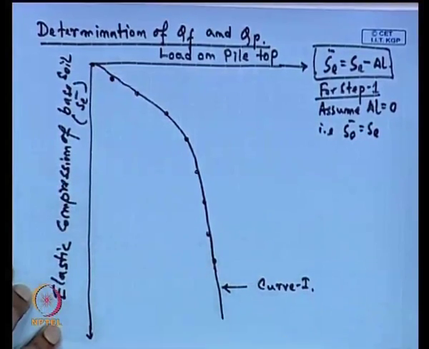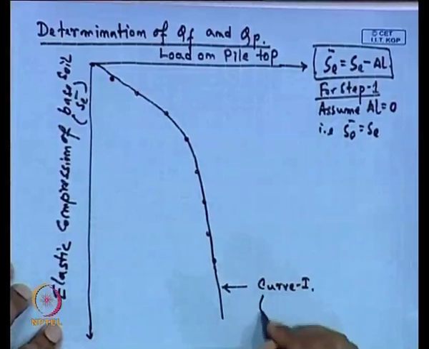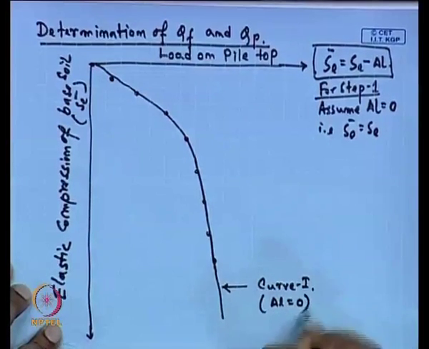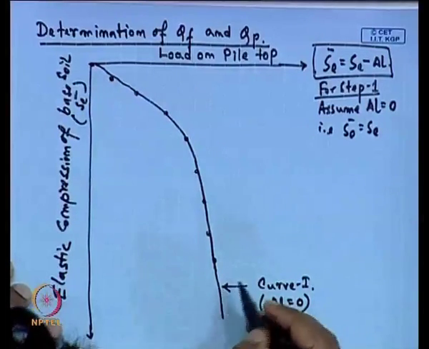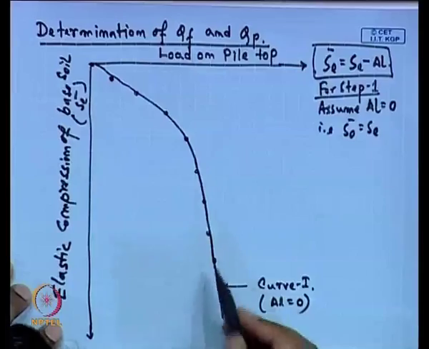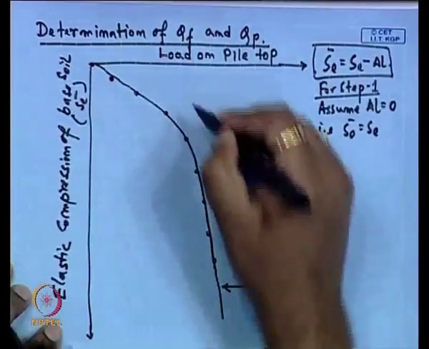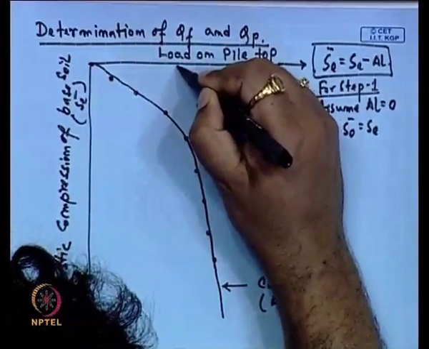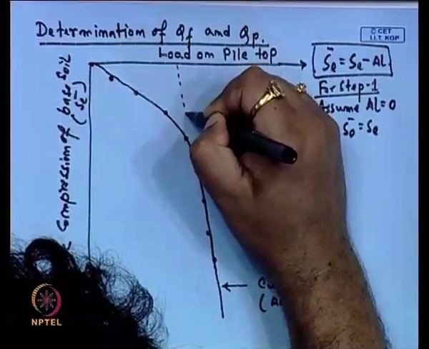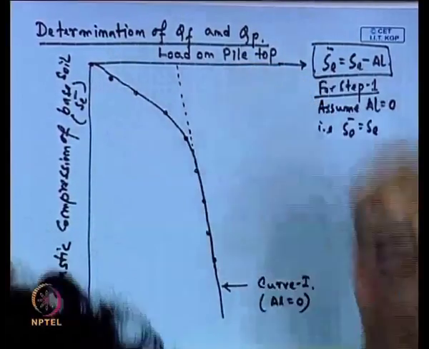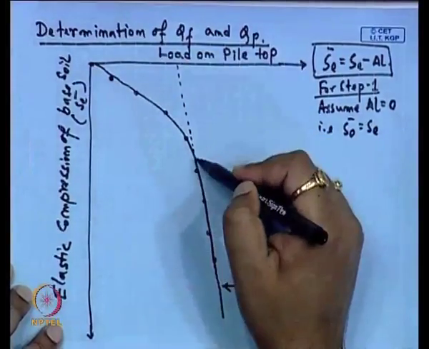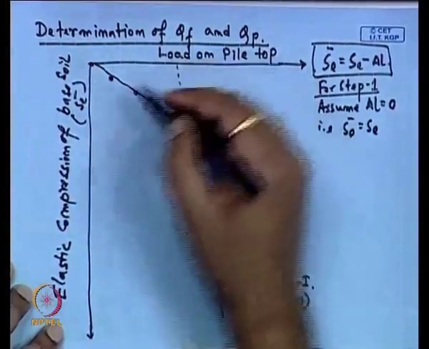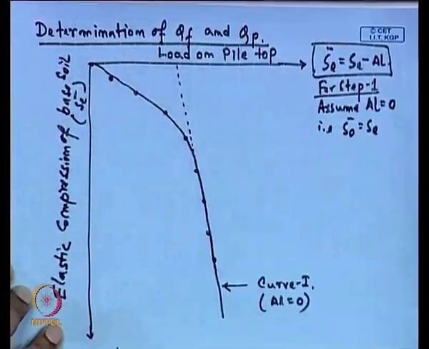This is for the first step where we assume that del L is equal to 0. Now, the next step, we will draw one line which is parallel to the straight portion. Here we will get one nonlinear portion, then this is a straight portion of the graph.